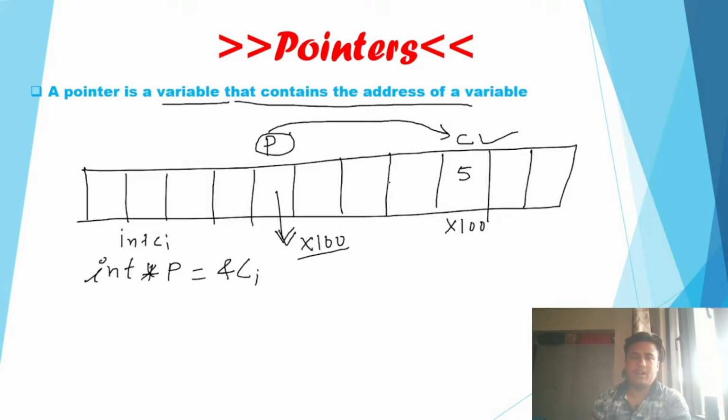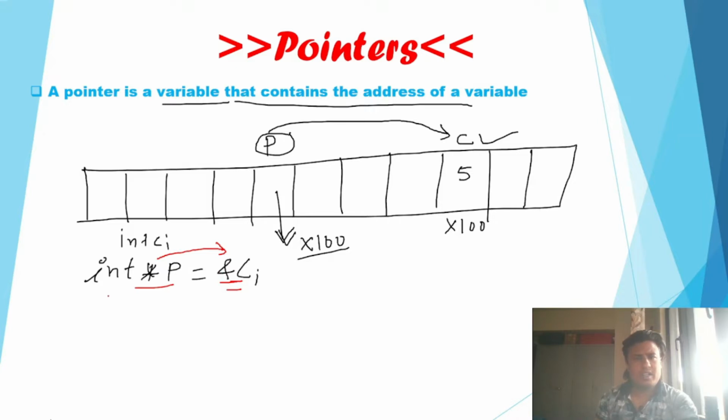It is a variable that stores the address of another variable, and the pointer can be distinguished using this asterisk symbol. Remember this part, and this is the address-of operator. In naive terms, you can understand that the ampersand is used to access the address of some variable, and the asterisk is used to access the content of the variable being pointed to.